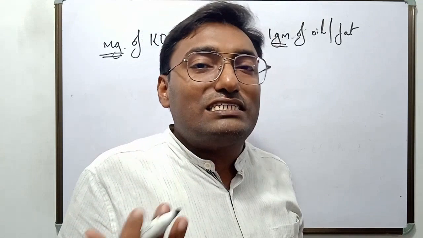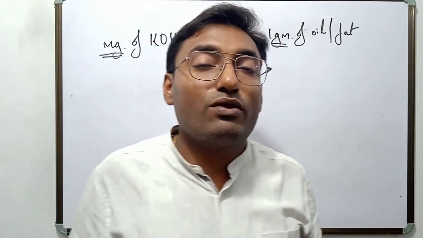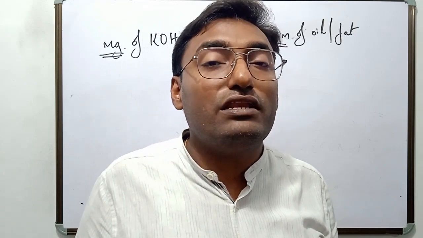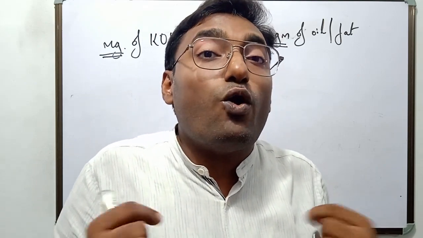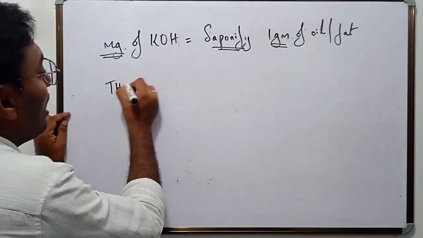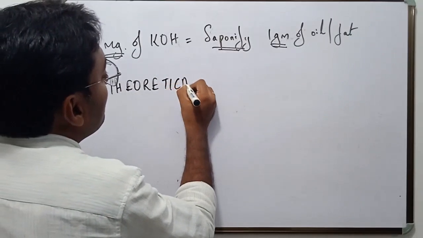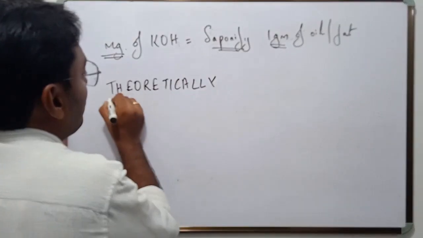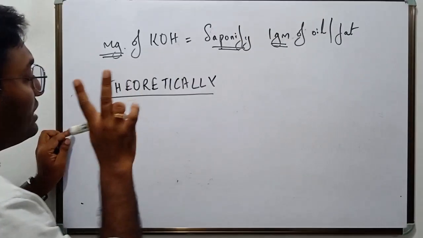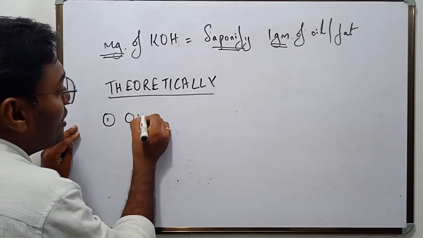So to better understand, we can determine saponification number theoretically. For theoretical determination, we need to know the oil that we have taken. For theoretical determination, you need two things. Number one, you need to know the oil.